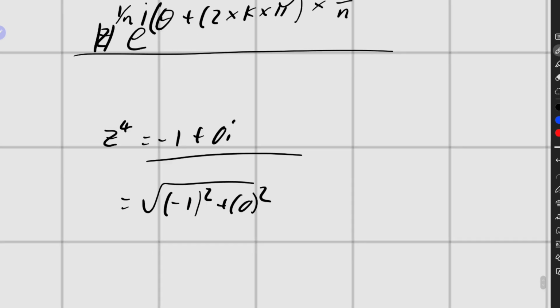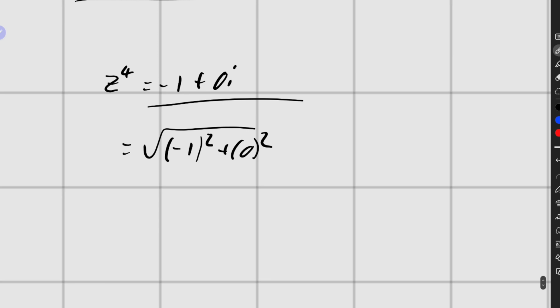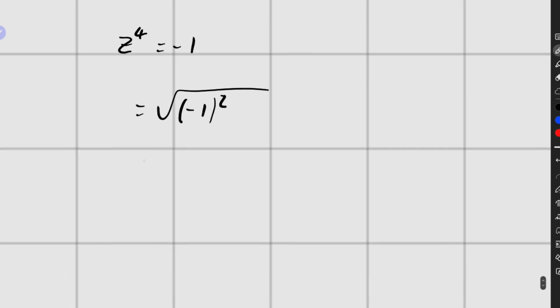I know obviously you don't have to write 0 in, it's very unnecessary, but just for the lack of a better term, I'm going to do it anyway, just to help you understand this topic as best you can. Because generally we do not write 0i, it's just assumed that i is 0, alright? That's what it means. So the square root of that is just 1, alright?